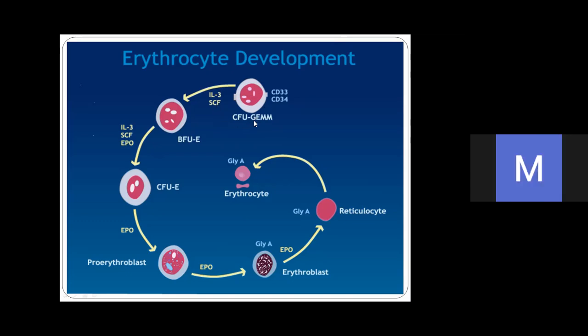Okay, so does it mean it's only the burst forming unit that has the receptor for the erythropoietin, apart from the CFU-E? Those ones do not have receptors for it. You mean this one? Yes. Can you see the cursor? This it has. That is why it's exposed to EPO. From here, all these stages are exposed to EPO, meaning they have receptor for EPO.